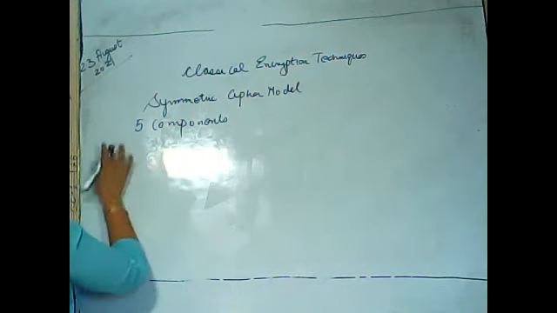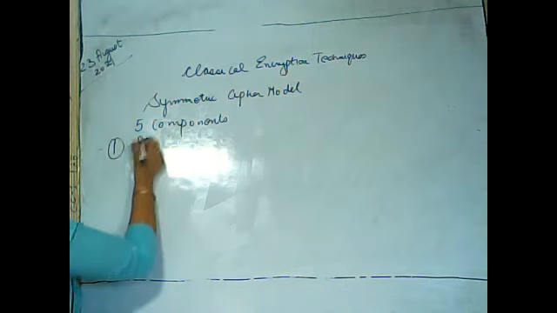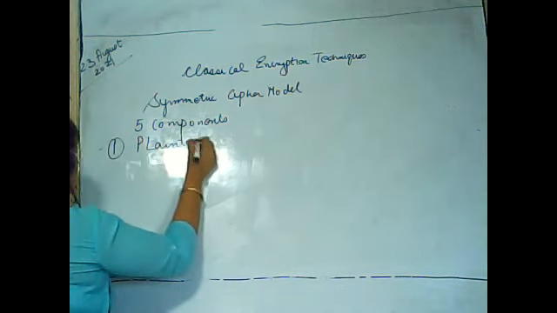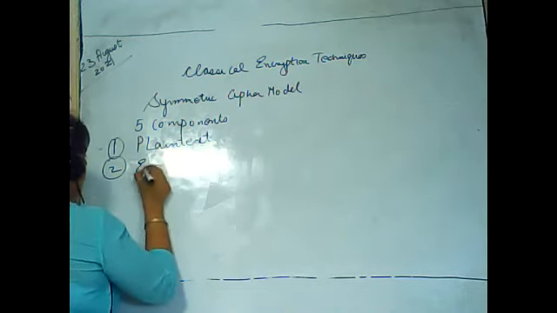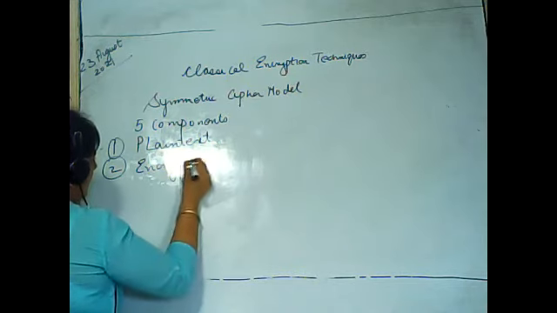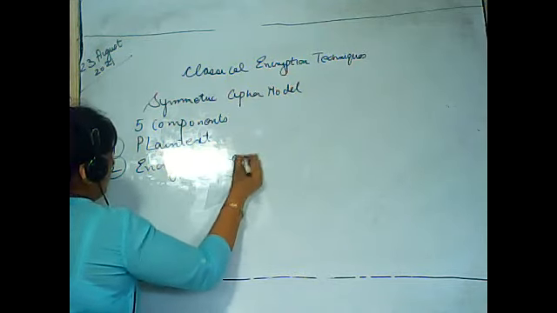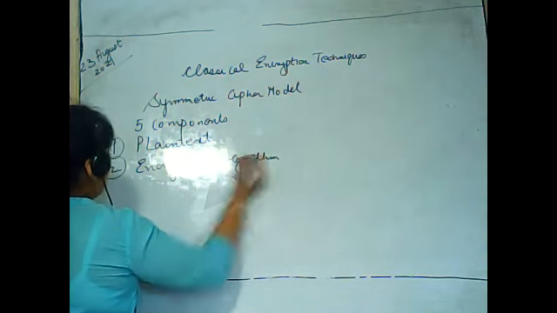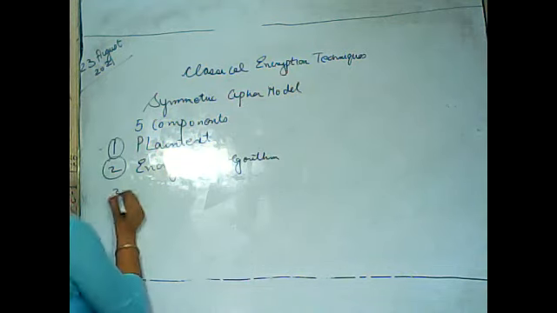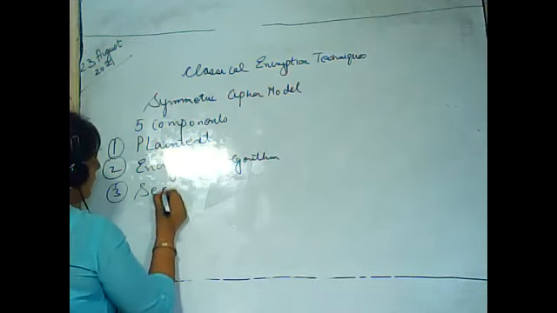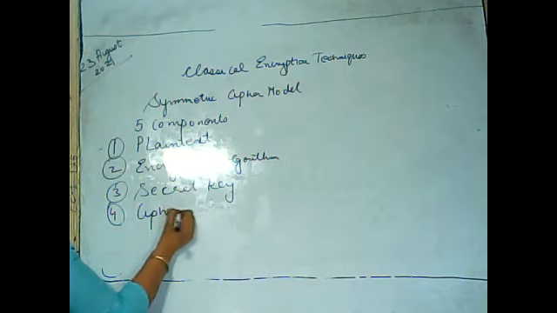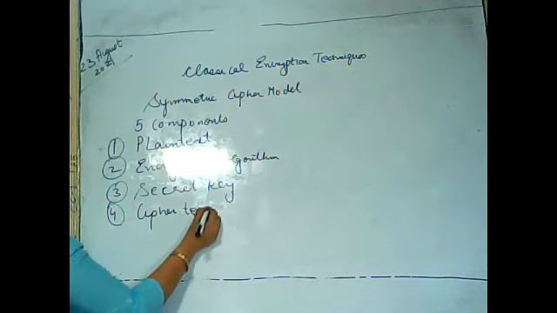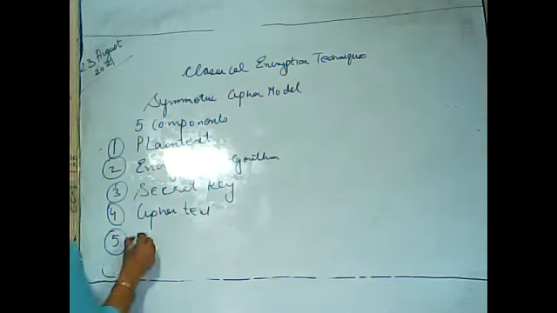The first one is plain text, then the encryption algorithm. Next is the secret key. Fourth one is the cipher text, and the fifth one is the decryption.